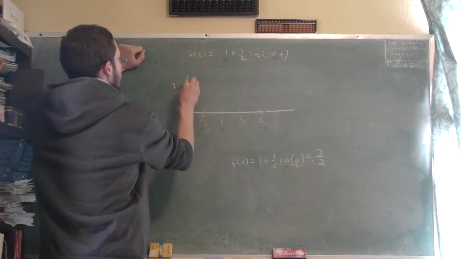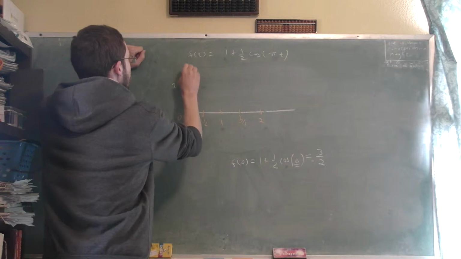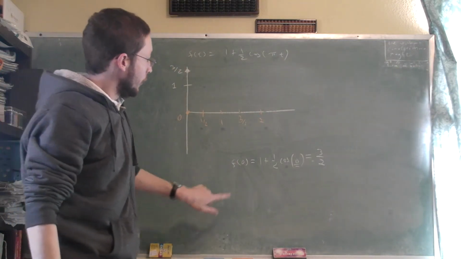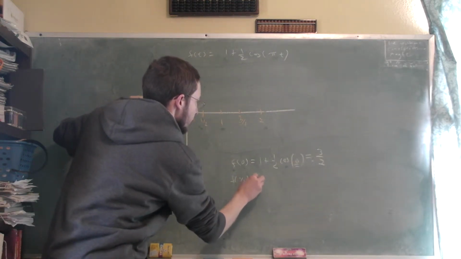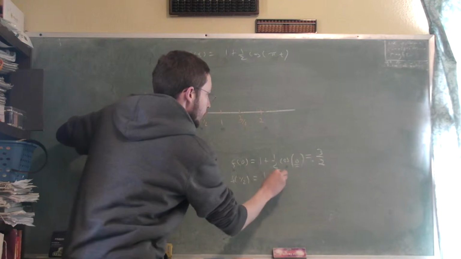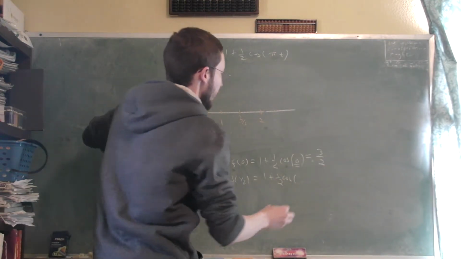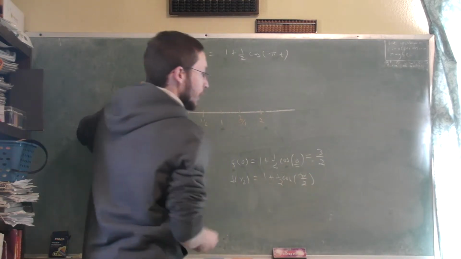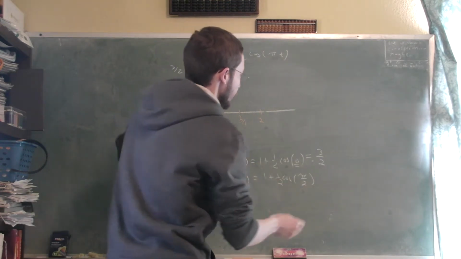If that's 1, 3/2 is at 1.5. Okay. So now we plug in our next key point, which is 1/2. We just get 1/2 pi. So pi over 2. And again, that's that second key point that I told you was going to reappear. Now cosine pi over 2 is 0, so we're left with 1.